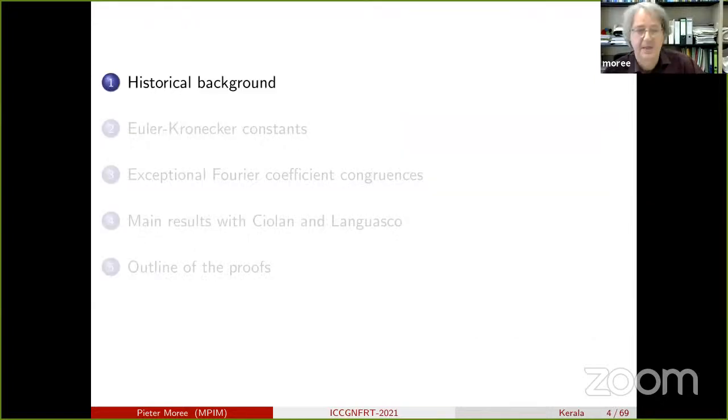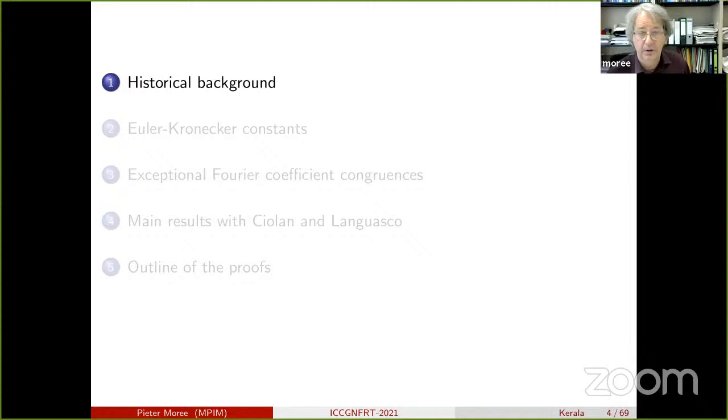So let me then start with the historical background. The setup of the talk is that I will give you a little bit of historical background, which I personally find quite interesting. Then I tell you something about Euler-Kronecker constants. Those are generalizations of the well-known Euler constant, and they come in various generalizations.